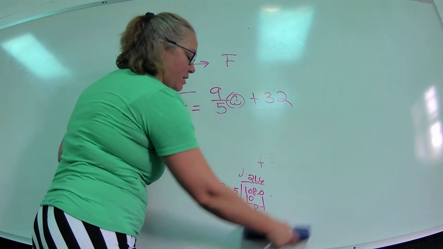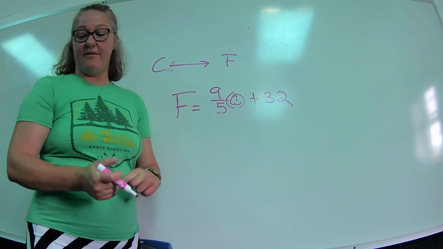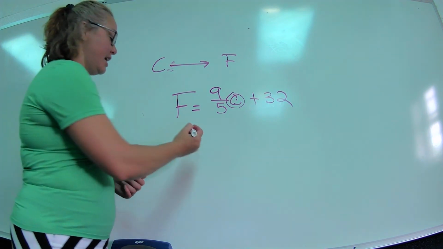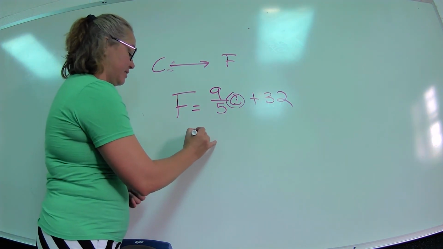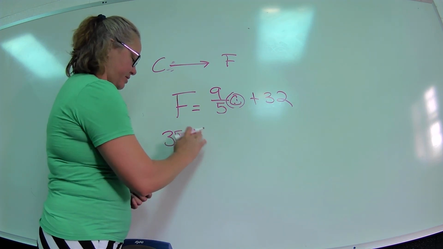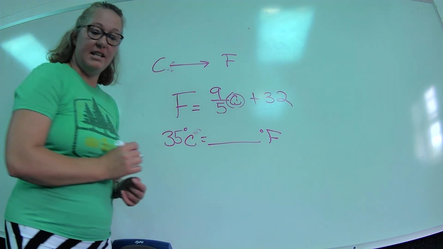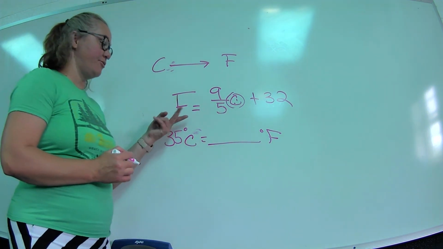But I'm going to leave you one that's even, that will cancel out with the 5. It will end in 5 or a 0, so I'll leave you with that. I'm going to give you Celsius is 35 degrees Celsius, and I want you to tell me that in Fahrenheit. Remember the formula?